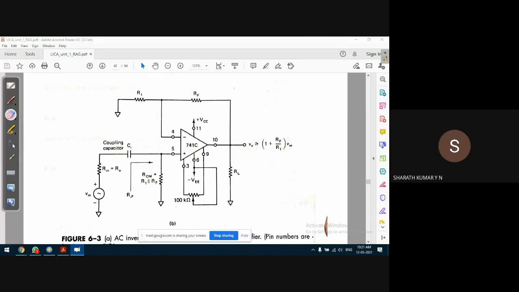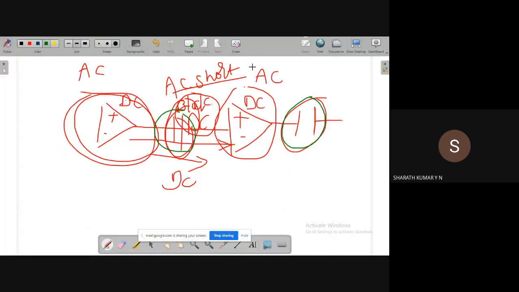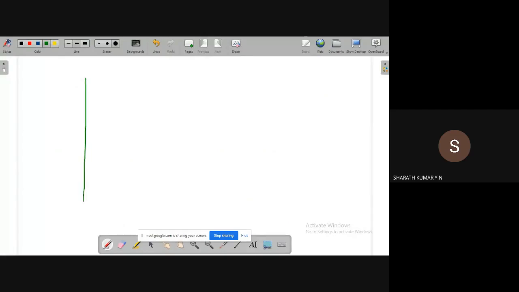So what is the effect of adding this? It's not just that the capacitor is added and DC is blocked. This will affect the frequency of operation of the entire circuit. What is the frequency of operation? We had discussed this diagram, the frequency response of an op amp. This is the frequency, this is the gain of an op amp.